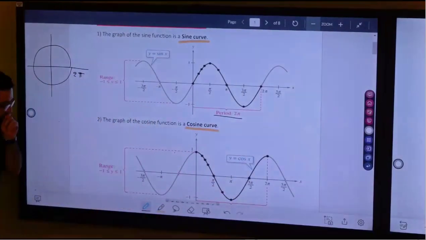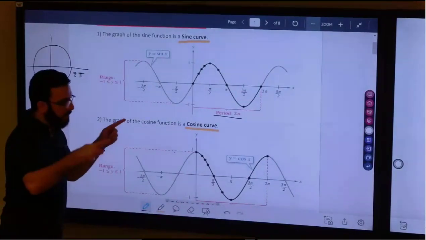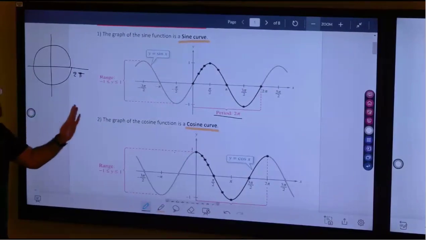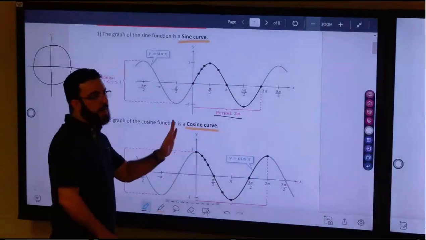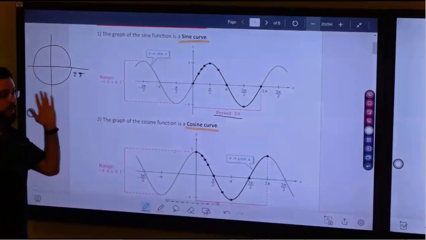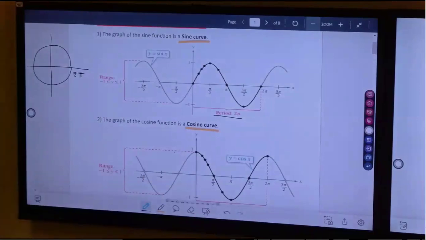So now we know that the period is 2 pi, which is one circle. I thought it said that when you graph it, you have to graph 2 periods. No, we're just going to stick with one period, which is fine. If you want to graph 2 periods, that's fine, but I'm going to give you steps to graph 1 period, and that's what I need you to do, the steps.